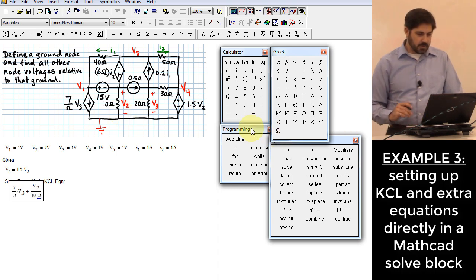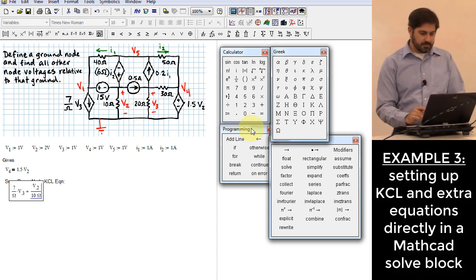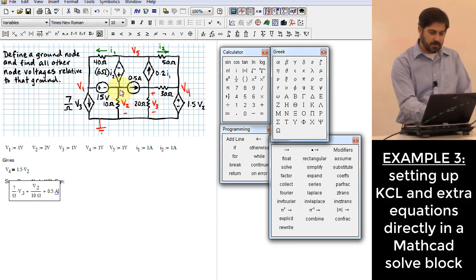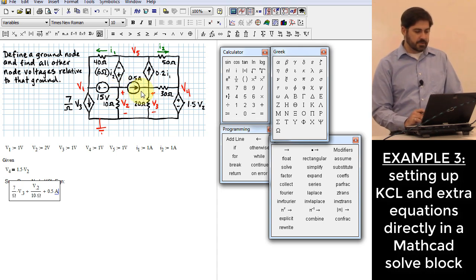Okay. Where else? Okay, there is a 0.5 amps. Is it leaving or entering? Okay, it's leaving, and I'm taking leaving to be positive, so I'm going to say 0.5 amps is leaving right out here. Okay, where else?